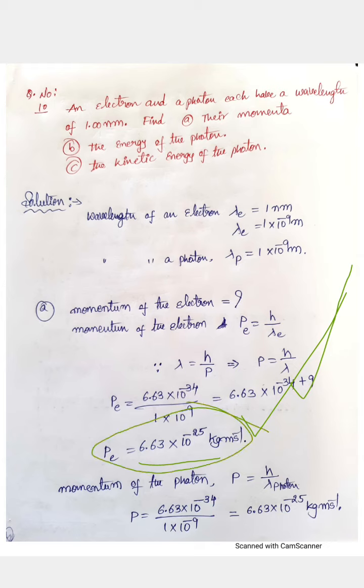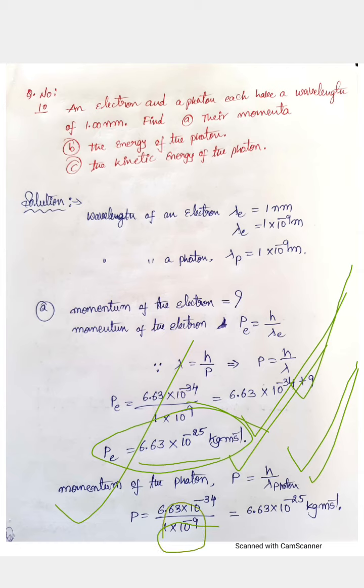Next, what do we have to calculate? Momentum of the photon. Momentum of the photon, that is p, is equal to h divided by lambda photon. Here lambda photon and h value we substitute and simplify in the same process, and we will get the same value. Why? Because lambda photon and lambda electron are both the same, and in the numerator Planck's constant is there, so we will get the same answer as in the previous one, that is the momentum of the electron.